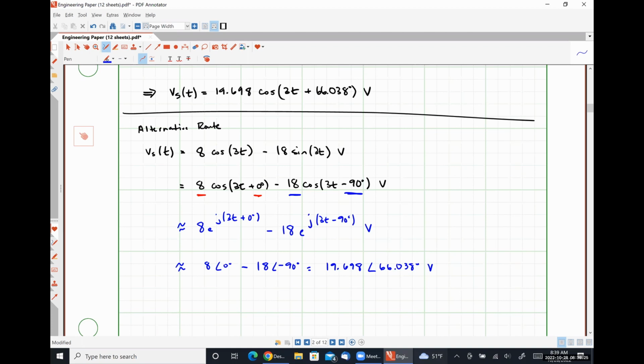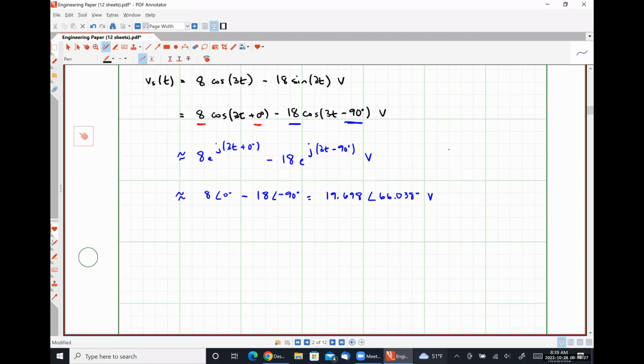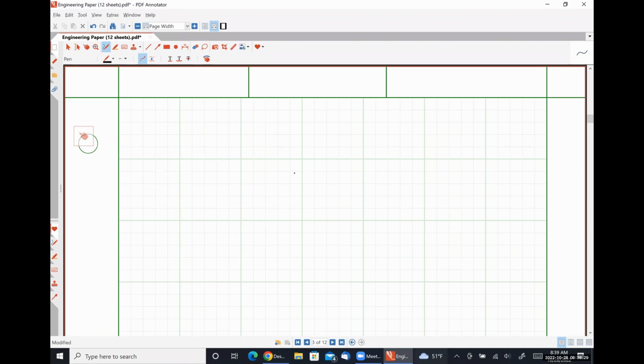So Euler's identity, which I introduced the other day, says that cosine of omega t plus some phase angle theta plus j sine of omega t plus some phase angle theta is equal to e to the j omega t plus some phase angle theta.